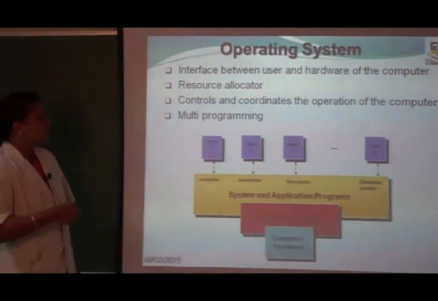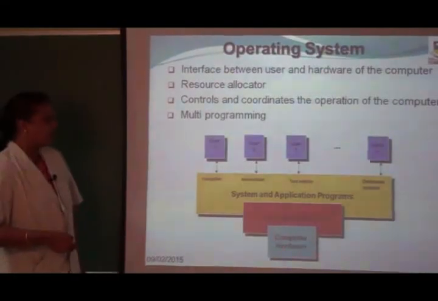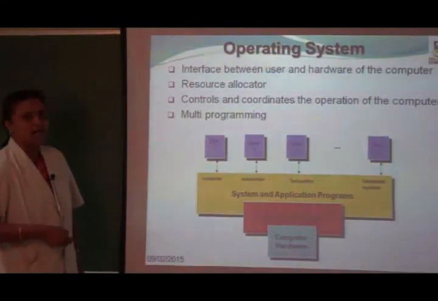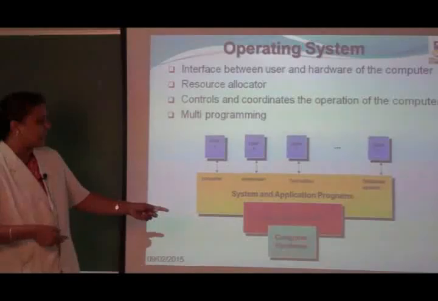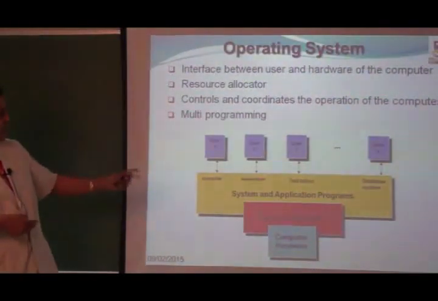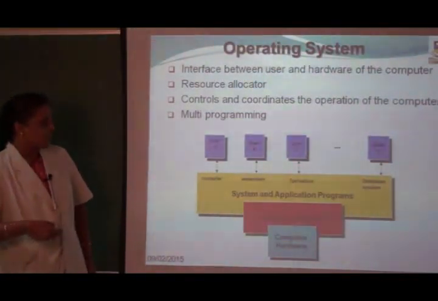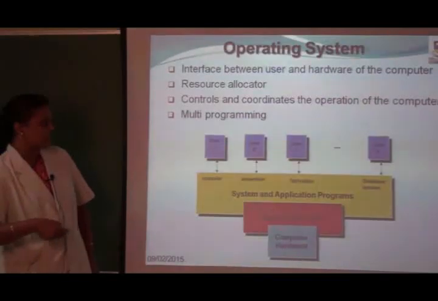For all the user processes, the resources are allocated from the hardware. The operating system is allocating resources from the hardware. User processes cannot directly get the resources. So here, the operating system is acting as an interface between user and hardware.